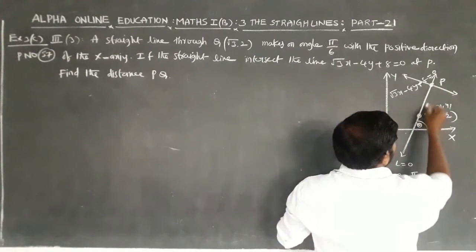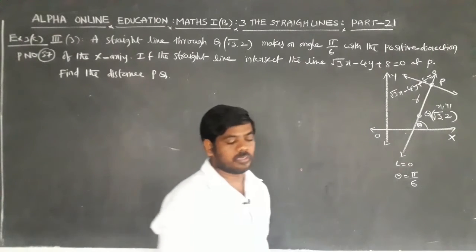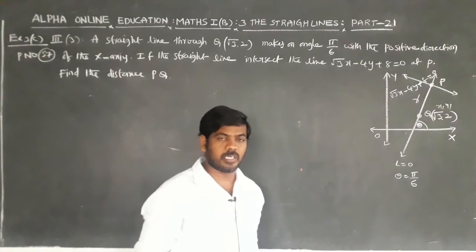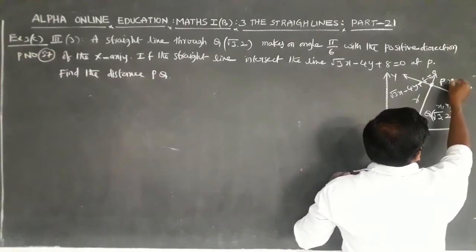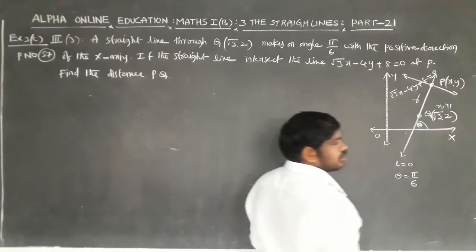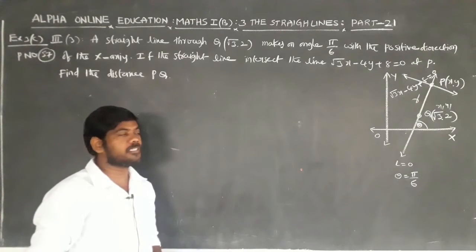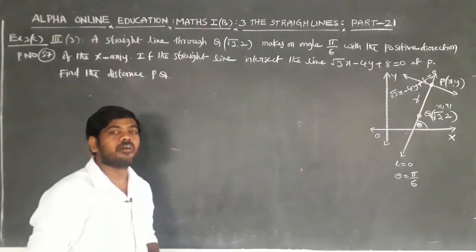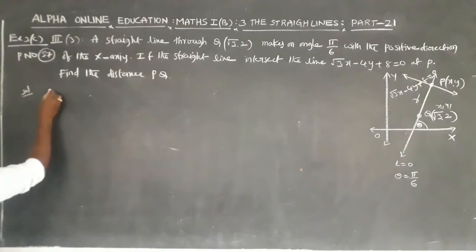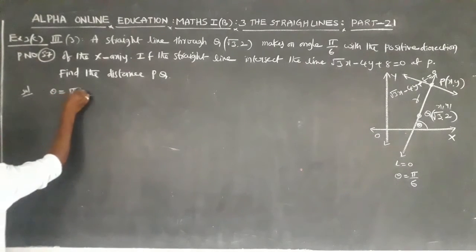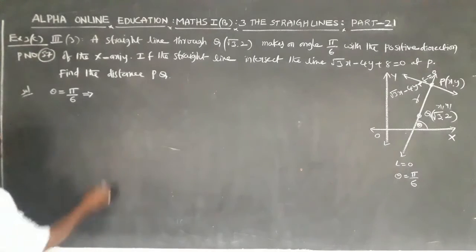Here, let the distance PQ be equal to R, the distance between the two points, and let the coordinates of the point P be (x, y). Given that the line makes an angle pi by 6 with the positive x-axis.